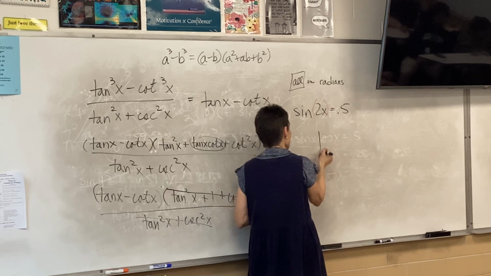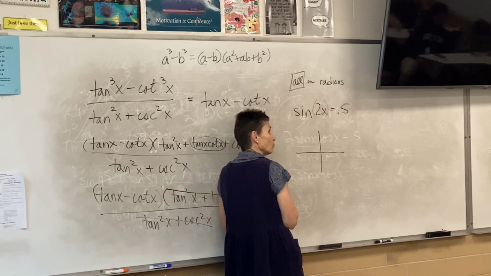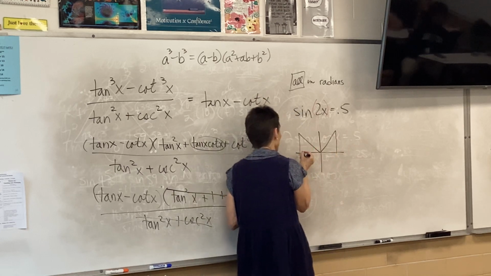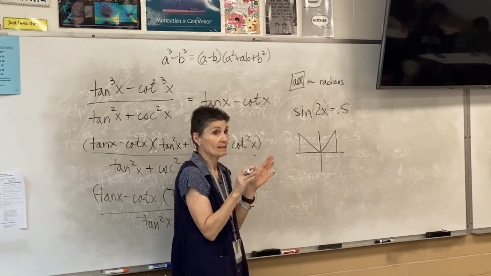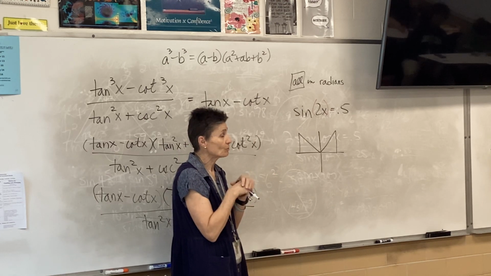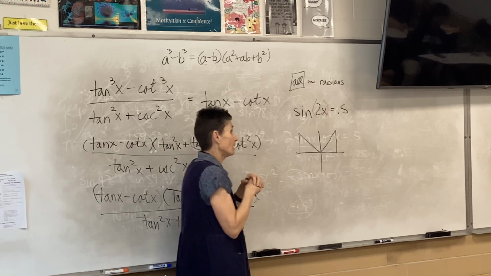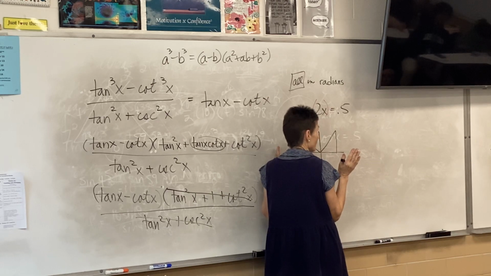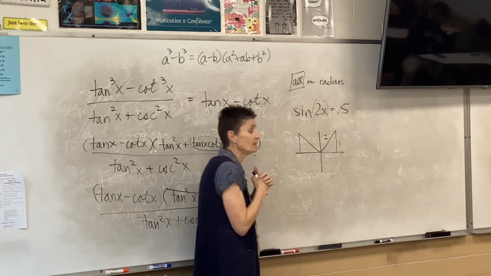Well, where does that angle have to be if its sine is a positive 1/2? It has to be either in quadrant 1 or quadrant 2, right? So whatever the angle is, it's in quadrant 1 or 2 because that's where sine is positive. All right, I don't have a calculator for this problem, so what angle has a sine of 1/2?